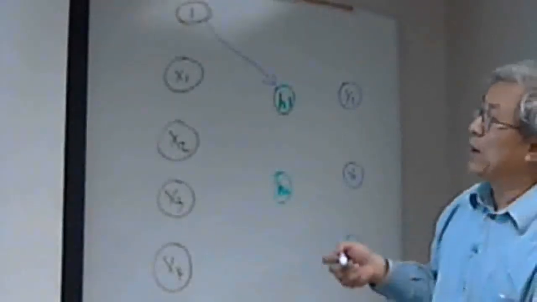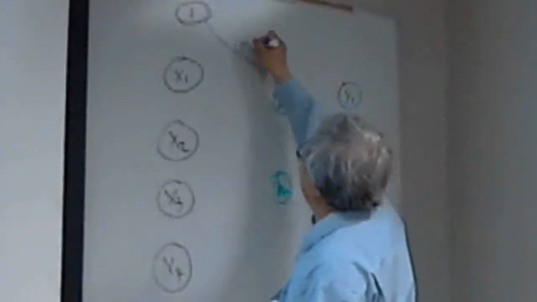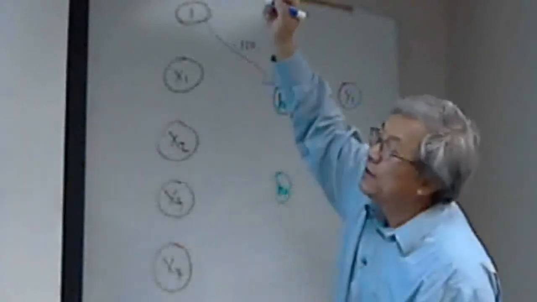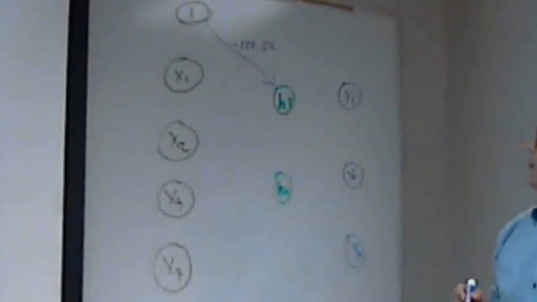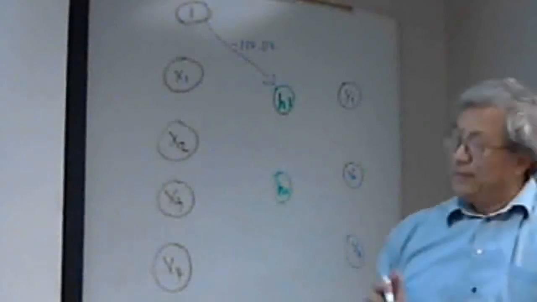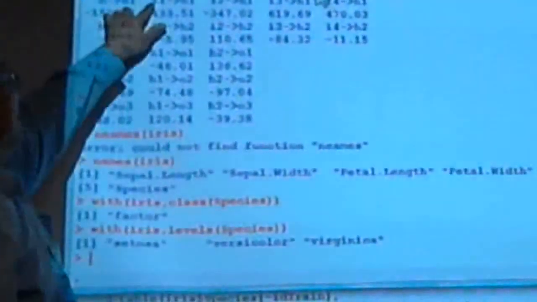So the bias fit to H1 with weight negative 150.02. So it's this result. And then X1 is labeled as I for input, right? So probably easy to see. B for bias, I for input.